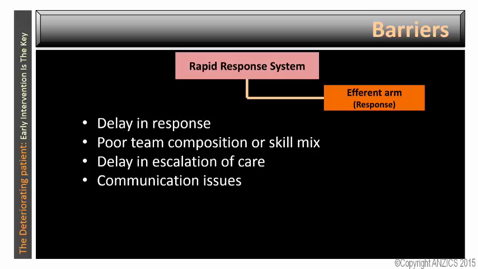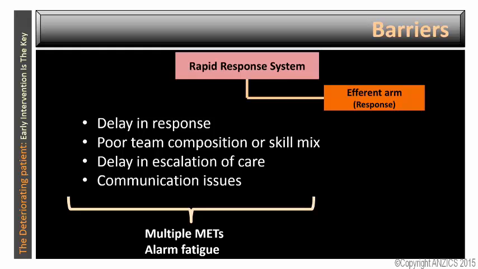So there is also poor team communication or composition, and often with concurrent METs, what happens is the fifth MET that you go to, it's the junior-most person in the ICU that goes to and responds to this MET. There's also a delay in escalation of care when the ICU is full. There's a lot of exit block. You don't escalate care in a timely fashion, and there are a lot of communication issues. And I said the issue of multiple METs and alarm fatigue. So there is quite a significant problem there as well.